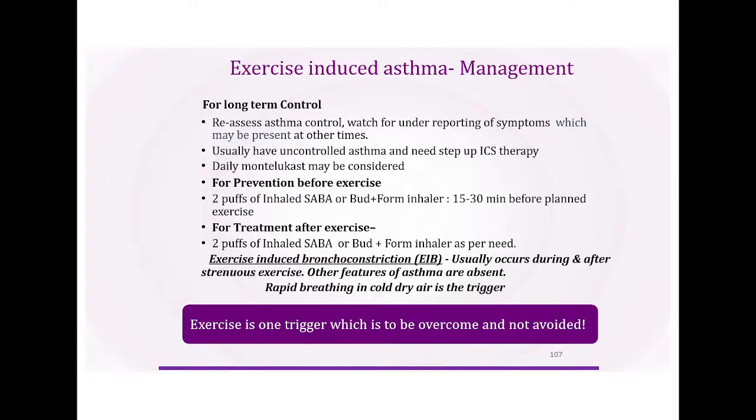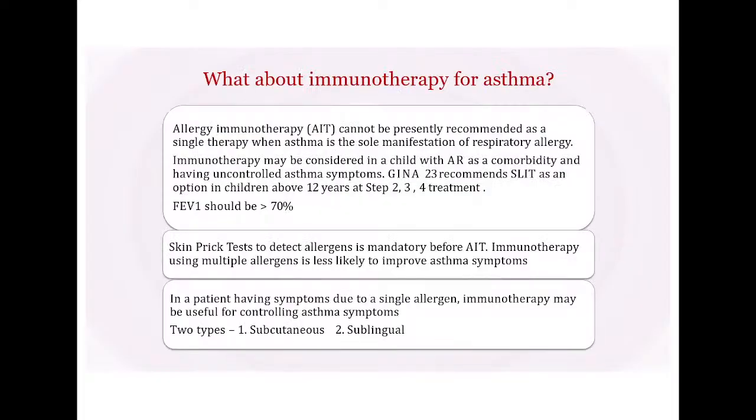Exercise induced bronchoconstriction commonly occurs during and after exercise, and other features of asthma may be absent in these cases. So exercise is the trigger which has to be overcome, and mostly that cannot be avoided.